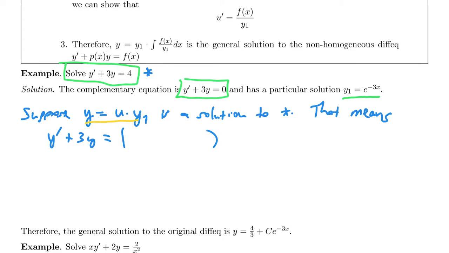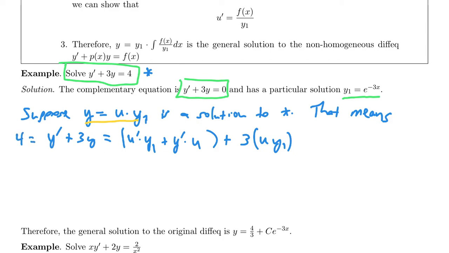So if I know y has this form, then y prime from the product rule is u prime times y1 plus y1 prime times u. And then plus 3y, but again, y is u times y1. So that's what y prime plus 3y looks like if this construction is a solution to my original equation, and the original equation tells me that that should be equal to 4.